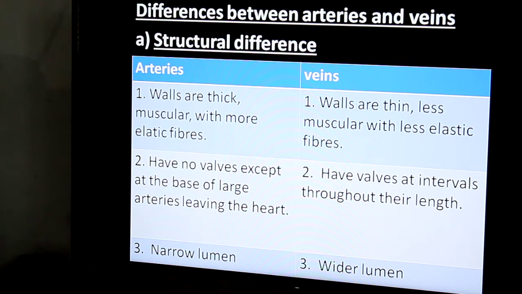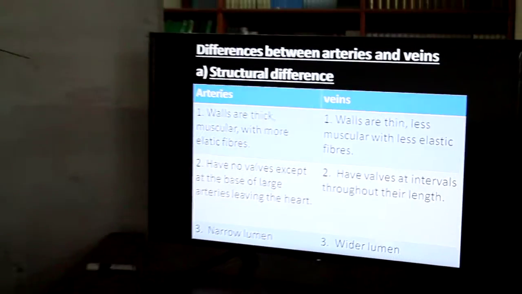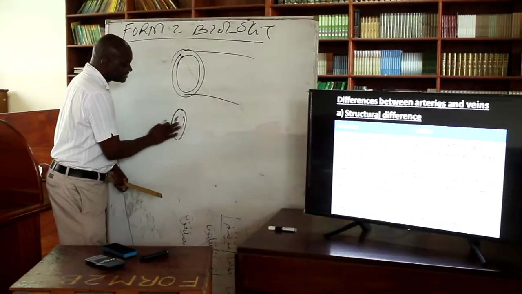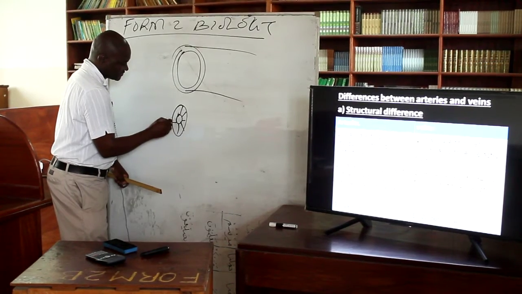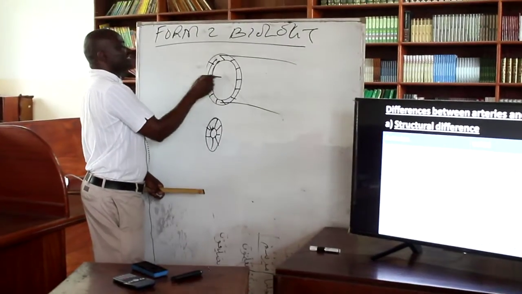Another structural difference, number 3, concerns the lumen. I hope you have not forgotten about the lumen. The arteries have a narrow lumen, and they have thick walls. This is the lumen.